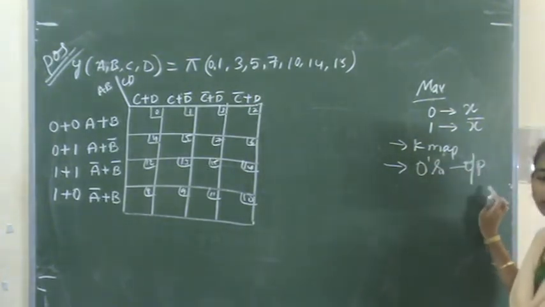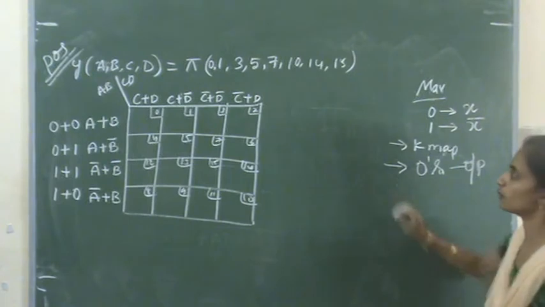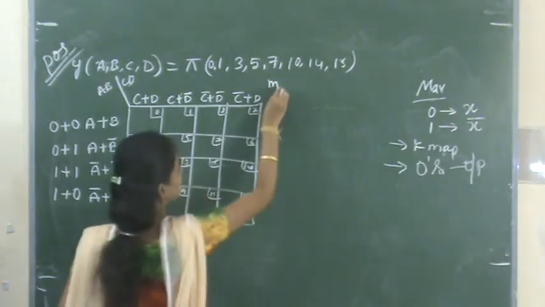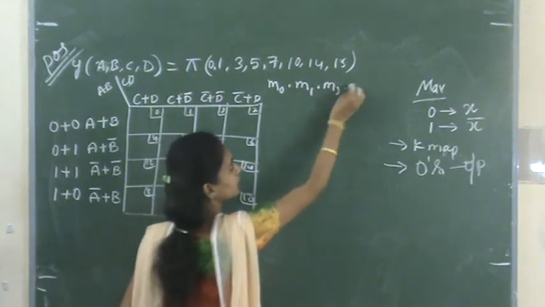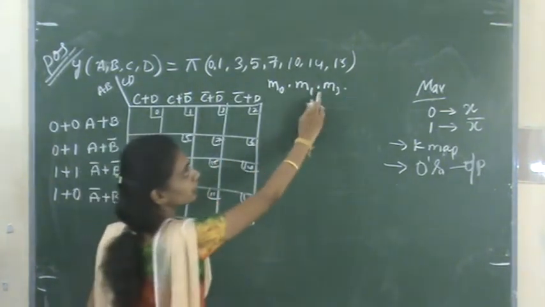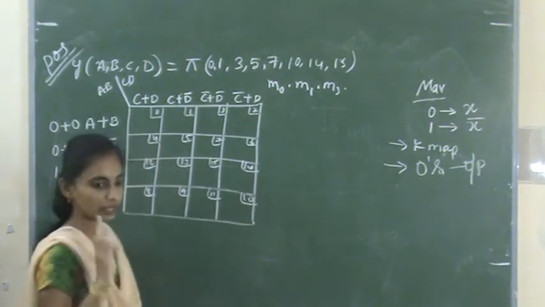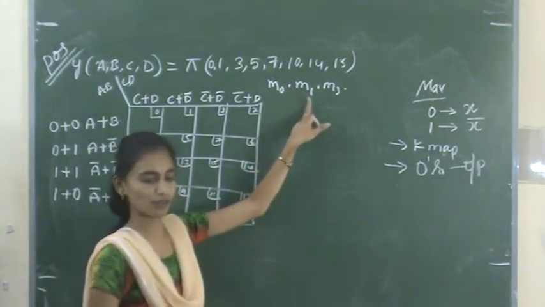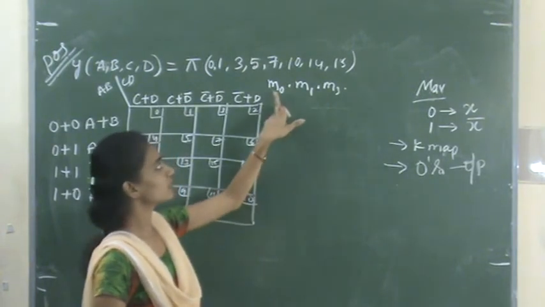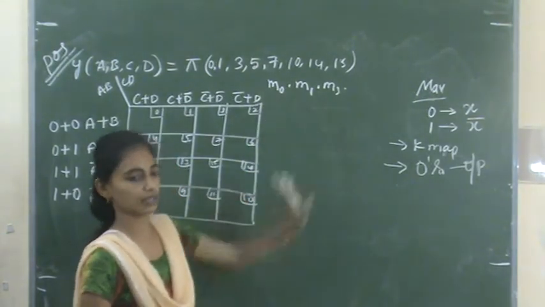Wherever we have output, enter zeros there, okay? So this is M0 into M1 into M3, like that. Why do I have to write into here? This is a POS method. In SOP I am writing M0 plus M1 plus, right? In POS we have to write M0 into, like that, okay?